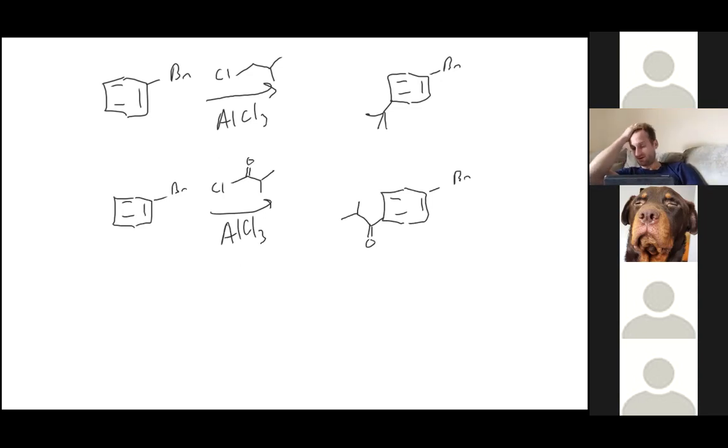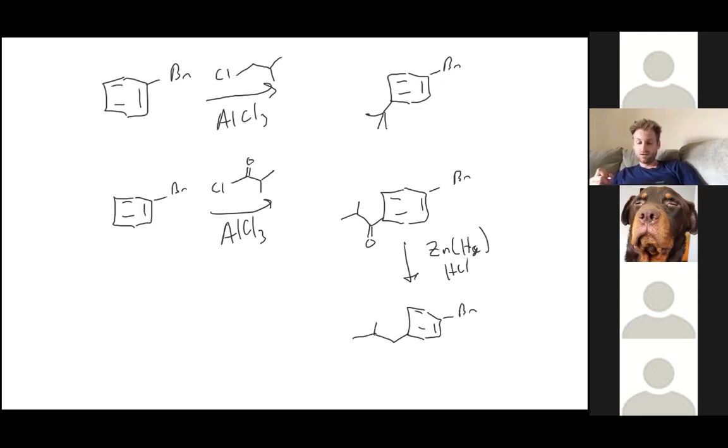So the last thing we have to do is throw in a reducing agent. So adding in zinc HCl, or sorry, zinc mercury HCl, lets us reduce this down to what we originally wanted.